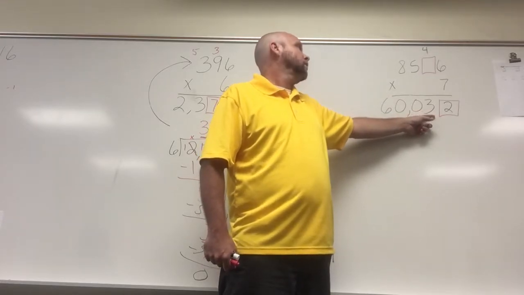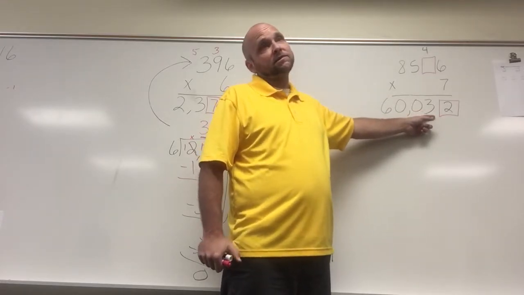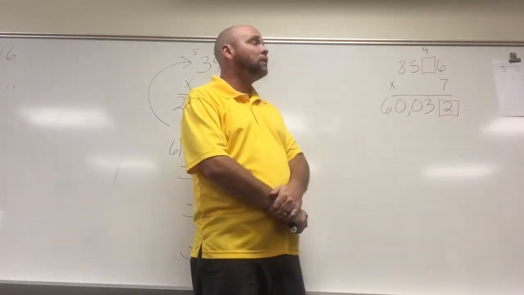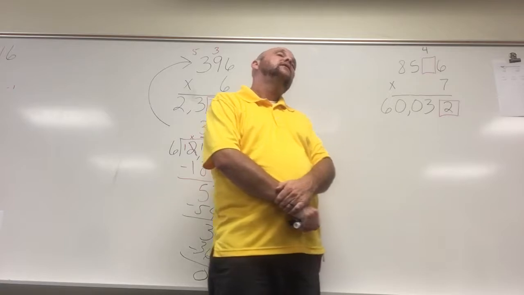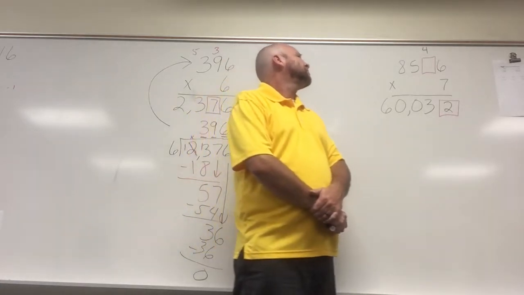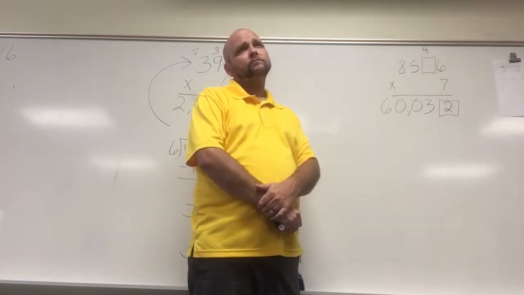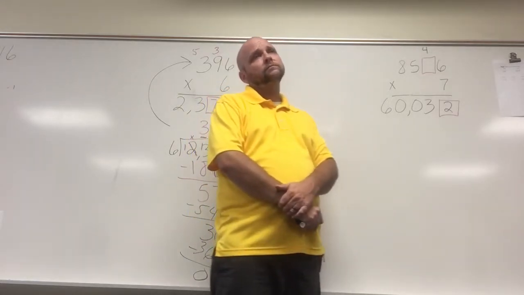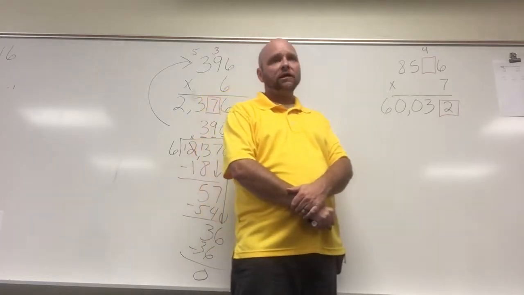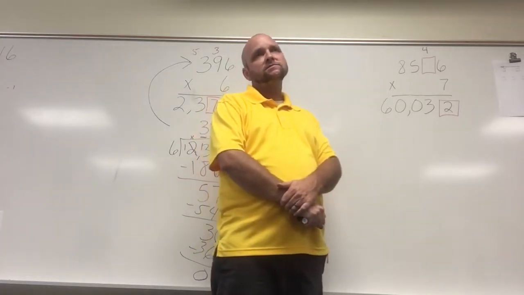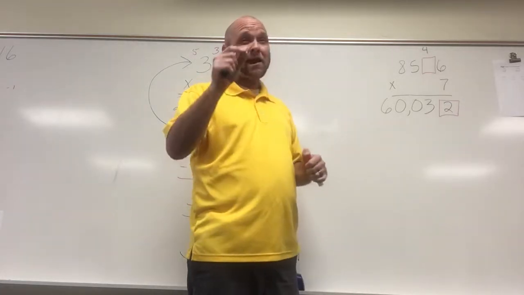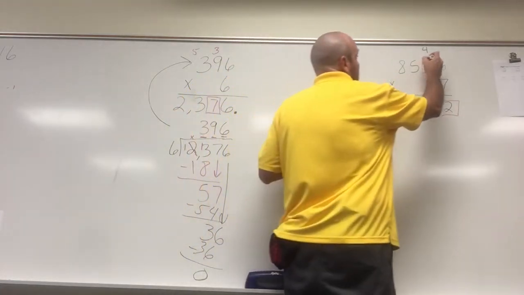So that isn't going to work. 7 times 6 is 42 plus 4 is 46. That isn't going to work. 7 times 7 is 49. 49 plus 4 is 53. So right now we think it's probably 7.